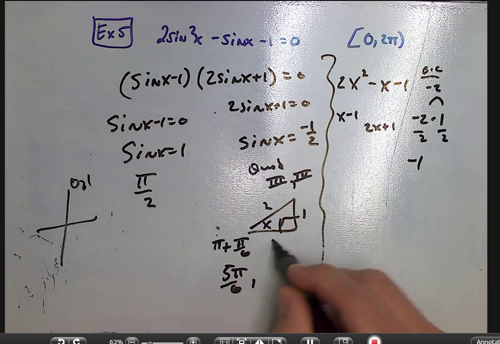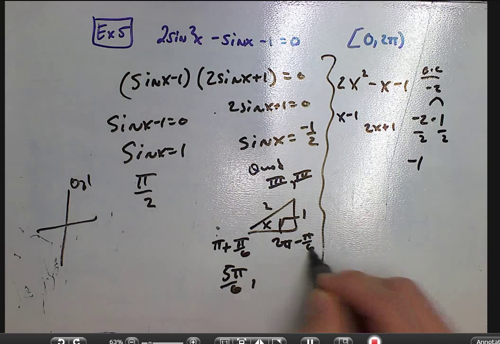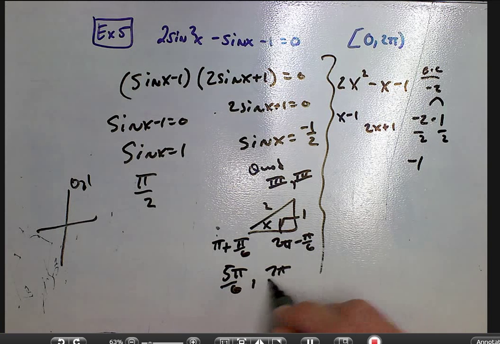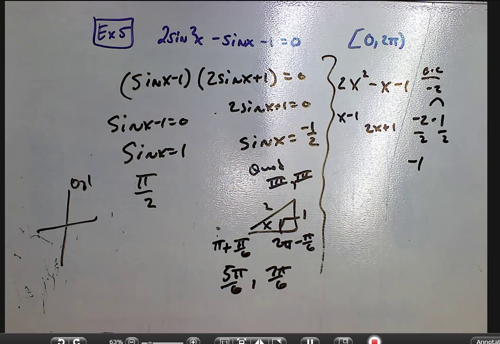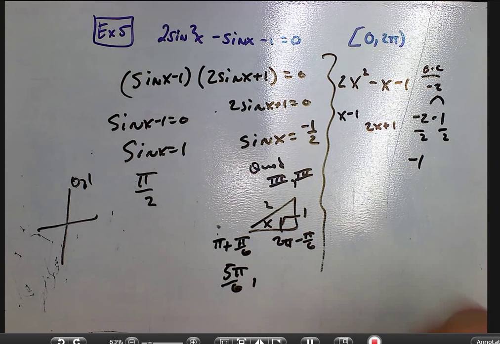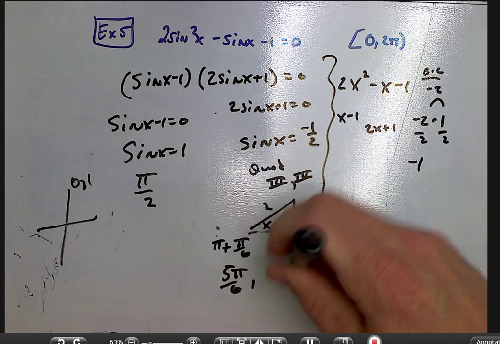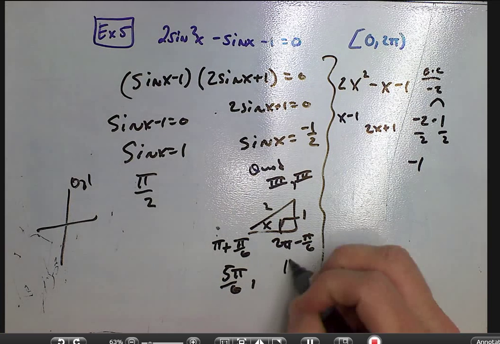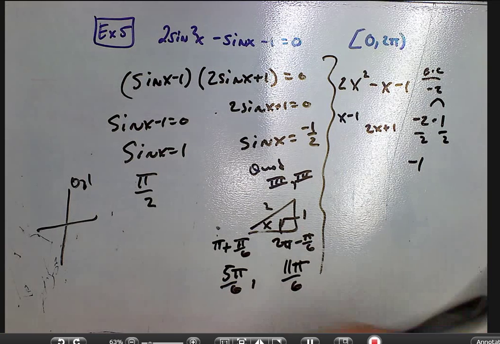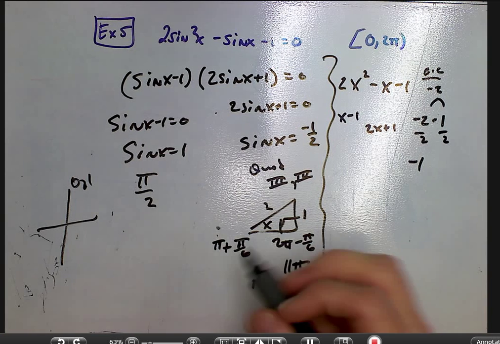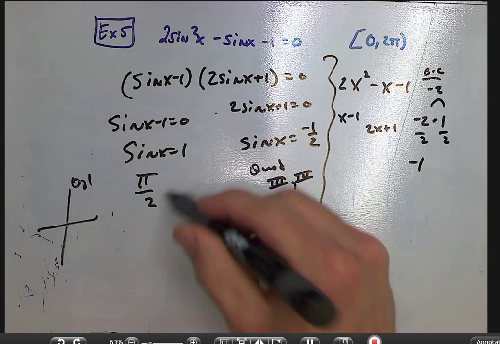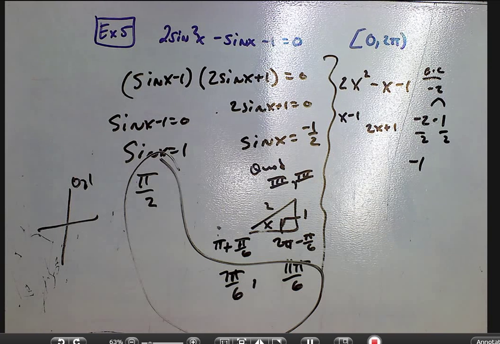Now I'll take 2 pi minus pi over 6 for my quadrant 4 and get 11 pi over 6. So there are the three answers that are going to be available on example number 5.